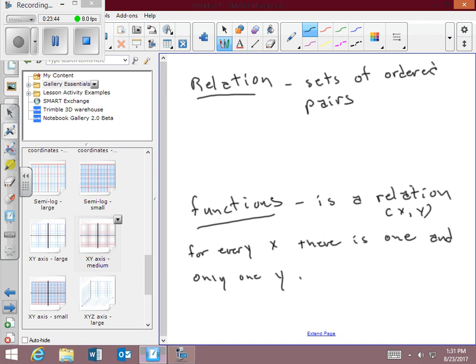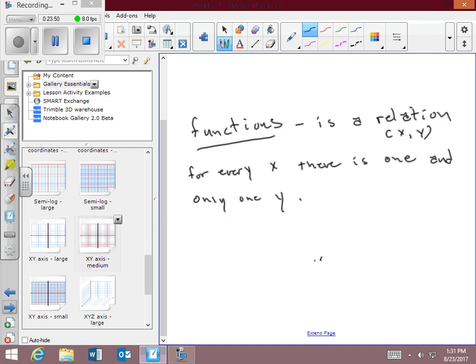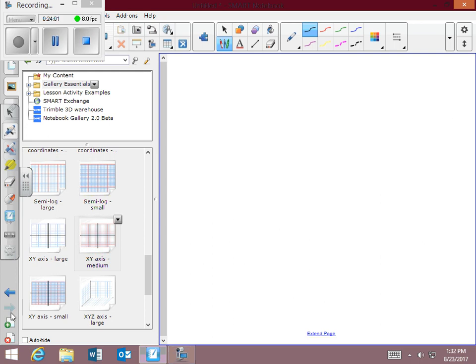Now, what we do with functions is we name them. And when you name a function, you can name a function anything you want. Now I'll write a group of functions. Here's a shorthand way of writing functions.